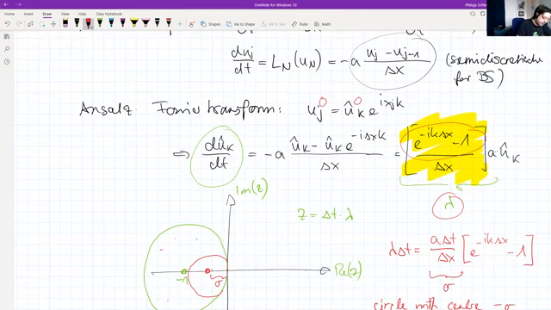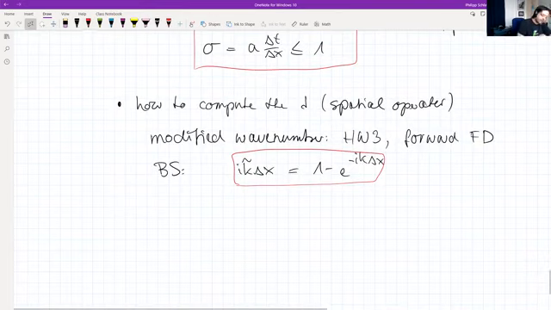So that is, with the minus sign, which comes from here, exactly the Fourier representation of the spatial operator, which is the modified wave number. It's nothing else than the modified wave number, because the modified wave number is the Fourier representation of the finite differences.